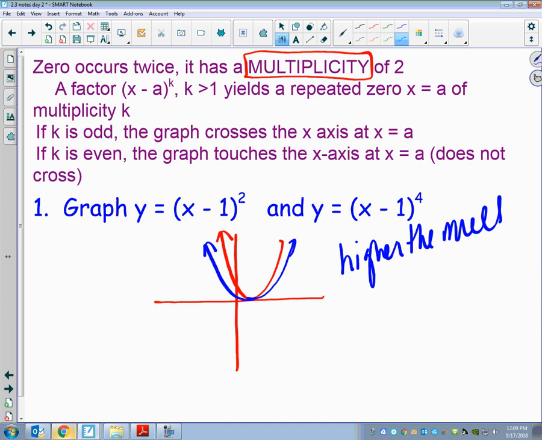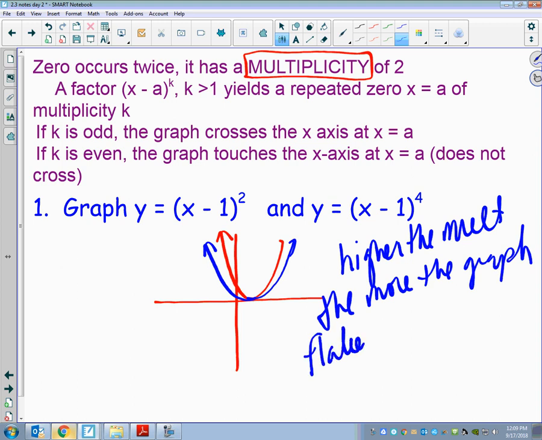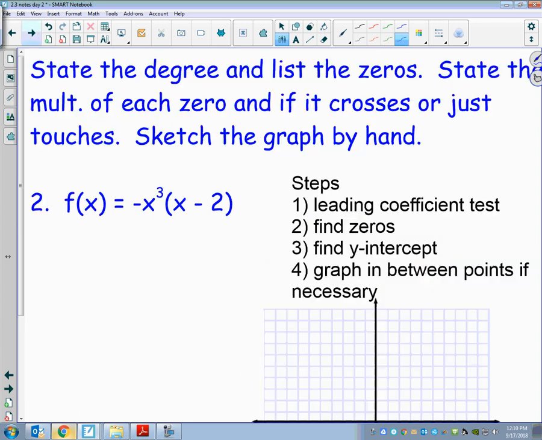So I think you should write this: the higher the multiplicity, the more the graph flattens out on the x-axis. And you can go to desmos.com/calculator and investigate that more, okay?